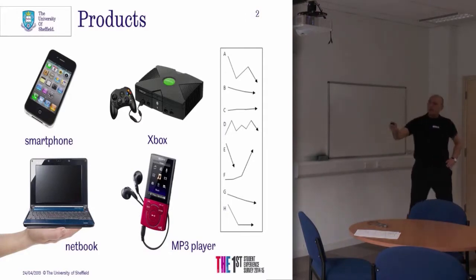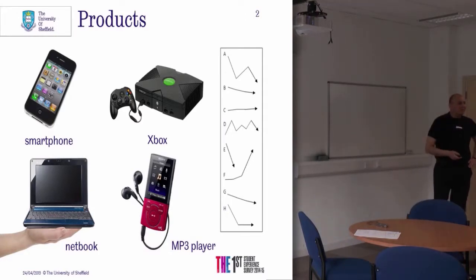Has everybody got a decision about the 4 products? So, okay, think about the smartphone. Which of these did you think was most accurate? F. You think F? Because the smartphones now are replacing all of the devices. It has a camera, you can check your email, you can just surf the internet, you can watch movies, everything.